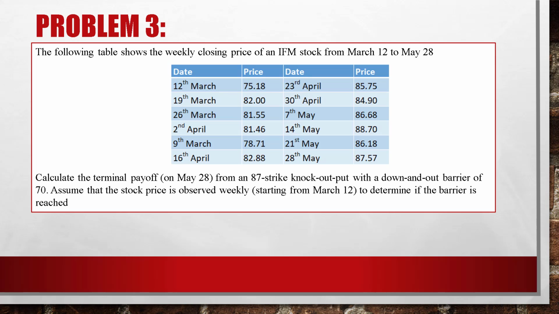So, before we find the answer to this problem, I want to spend a couple of seconds to explain the terminology knockout put with a down-and-out barrier. First, when we consider the stock price, we usually draw the stock price like a chart.